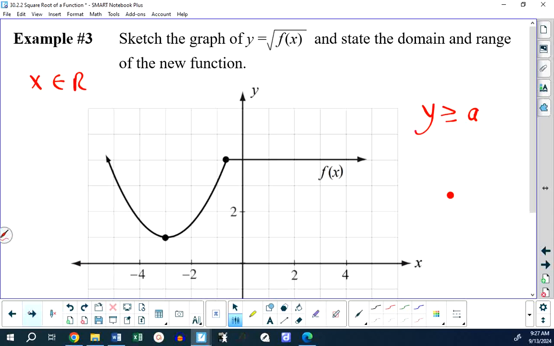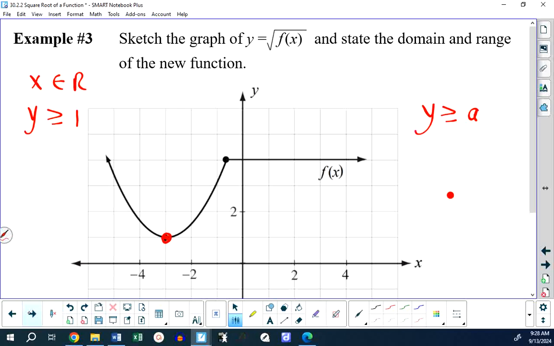So the y coordinate on the original function will always be getting bigger and bigger and bigger, and when you take the square root of it, you're just going to keep getting a bigger and bigger number. I mean, they're going to be smaller numbers than the original, but they as well will continue to climb to infinity. What will be that minimum value of y? Well, it's going to be whatever the square root of the minimum value of the original function's y is, which happens to be invariant. This is going to be an invariant point.